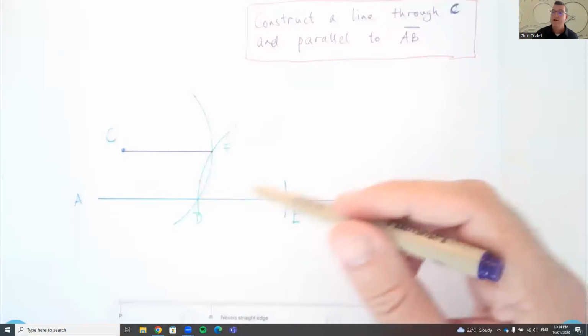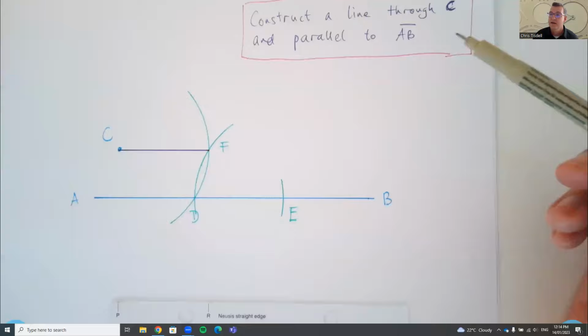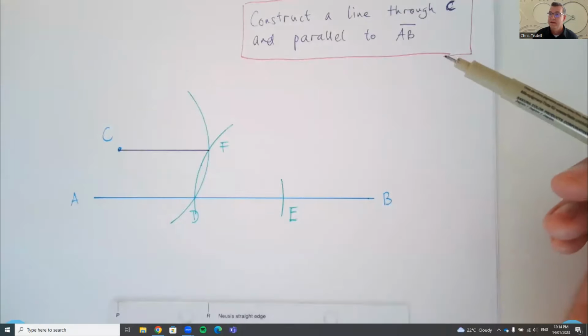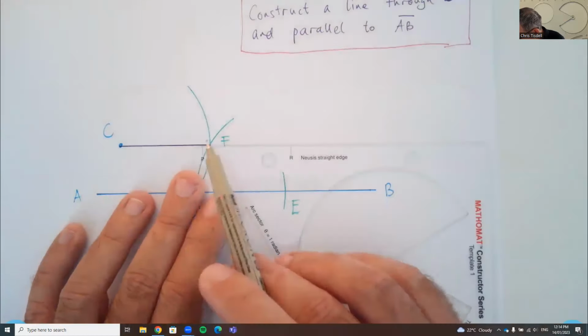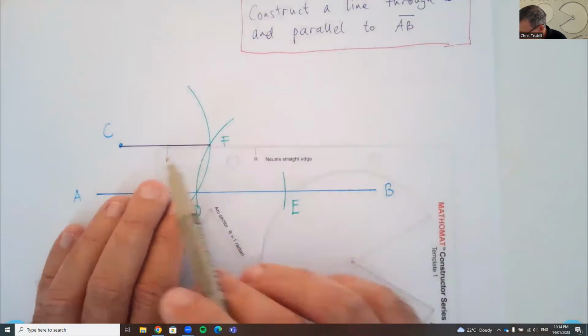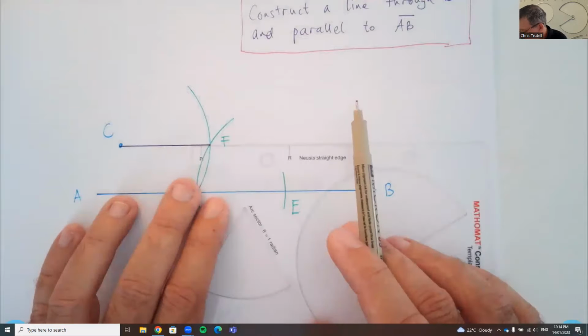And that is parallel to the given line AB. Okay, now if I wanted to, I can extend it, that's fine. I just can't extend it by more than this distance at any one time, but I can extend it.